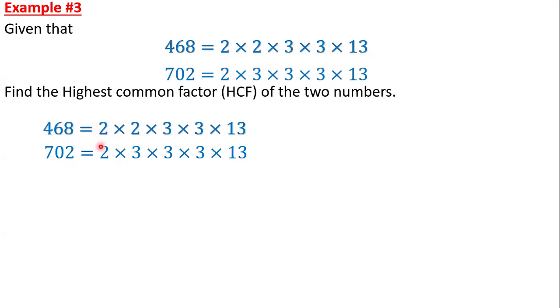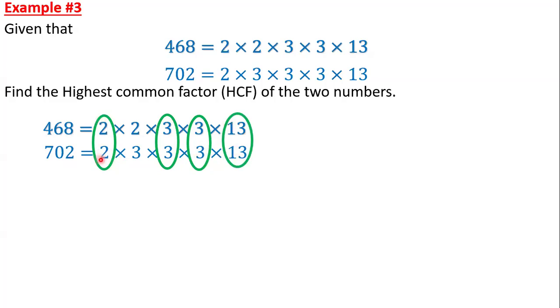Is 2 and 2 common? Yes, sir. So we're gonna group them, right? How about 2 and 3, are they common? No, sir. So we can't group them. Can we group 3 and 3? Yes, sir. Is there anything else we could group, class? 13 and 13.